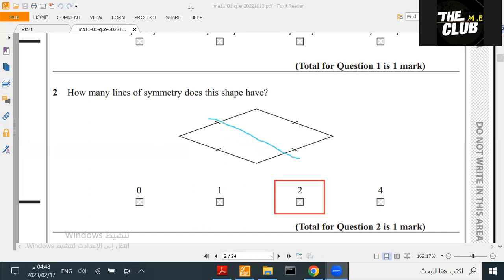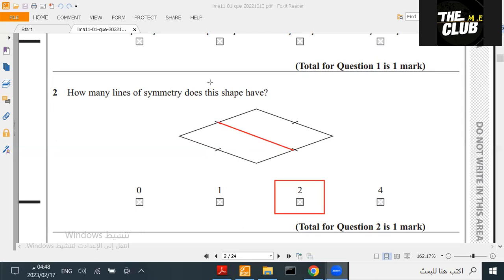How come there's more? Okay. Now, if you fold the shape like this, you mean like this? I'm sorry. Let me make a line. You mean like this?